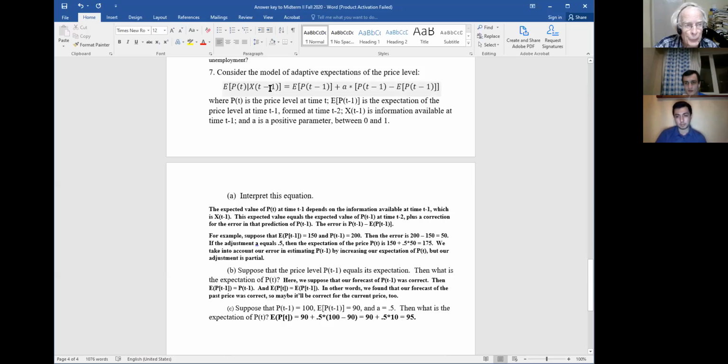So this is a backward-looking model. We're not using information about the future, but instead information about the past. In particular, we use the actual price observed at time t minus 1. We have that information, and then we will base our expectation of the price next year on what we now observe in the prior year.